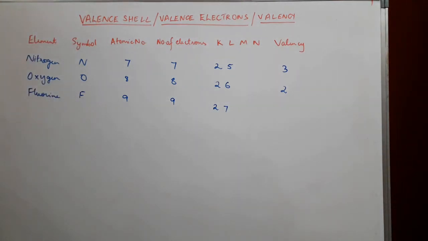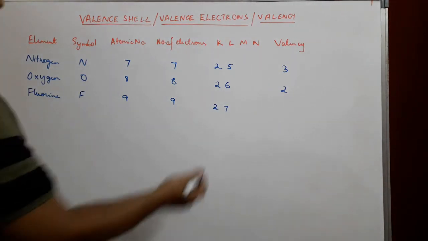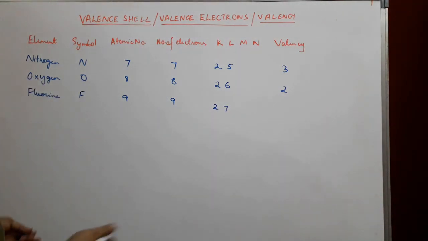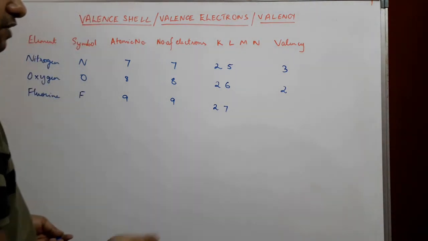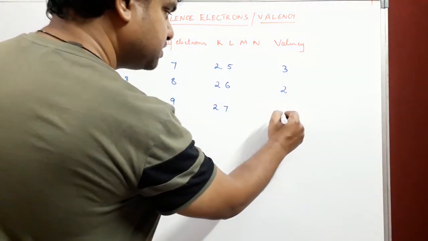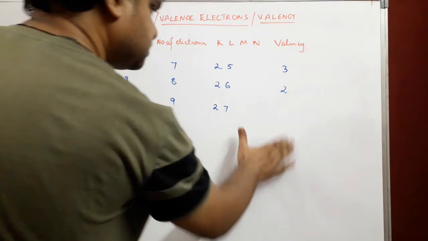So the L shell will occupy 7 electrons. Hence it needs just 1 electron and it will be stable. So it's obvious that it will just go on to receive 1 rather than lose 7. So that's why the valency of fluorine would be 1. Let's write this down.